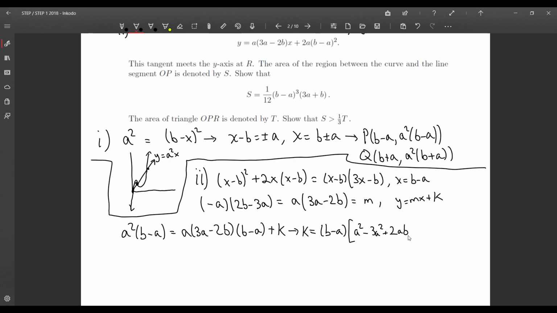So this becomes 2ab minus 2a squared, which of course you can pull out a 2a here, and then you get another factor of b minus a. And so the tangent has the form, which is what we wanted to show.